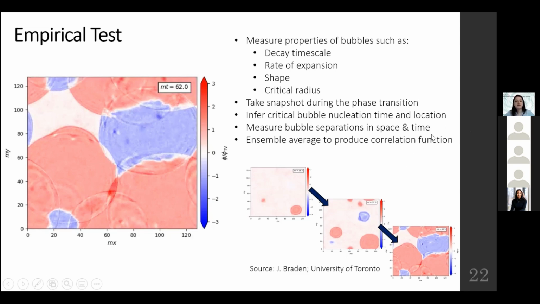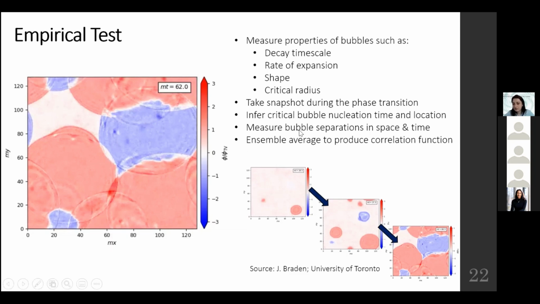So if we wanted to get the correlation function, we could take snapshots of this experimental setup during the phase transition. So while the bubbles are just beginning to form, we can, averaging out, infer time backwards.